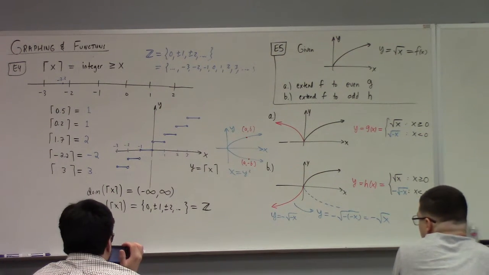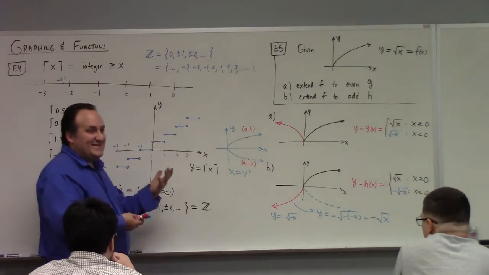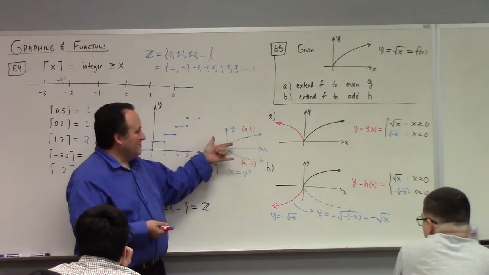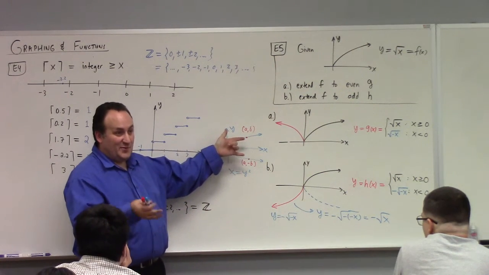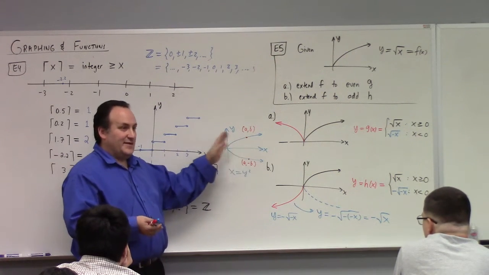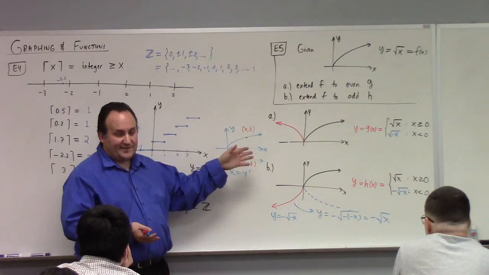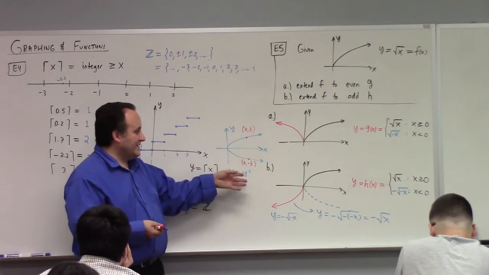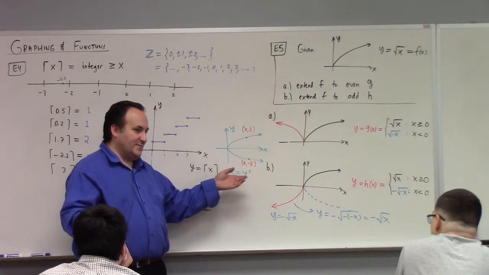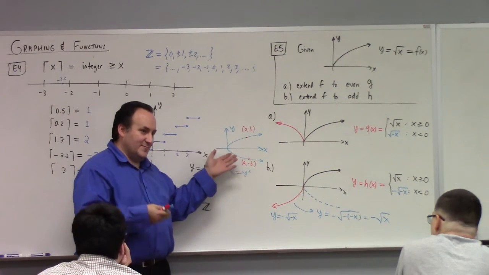Because they're not functions. If you have symmetry with respect to the x-axis, that means you have two points with the same x value and different y values, which means it's not a function. So that's why we talk about symmetry with respect to the y-axis, but not the x-axis, unless some student asks a question which makes me digress, which I love.